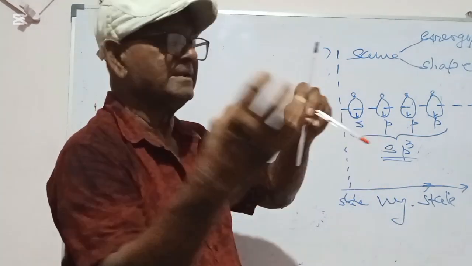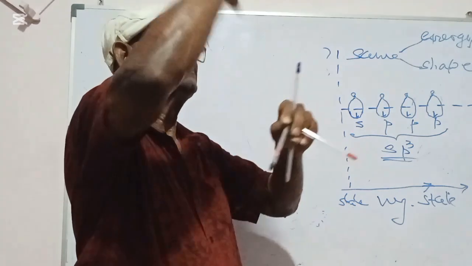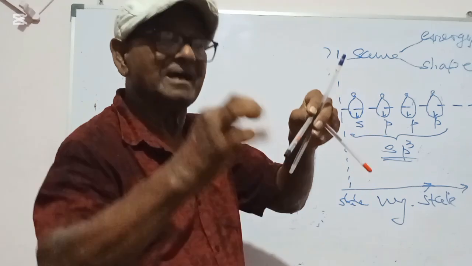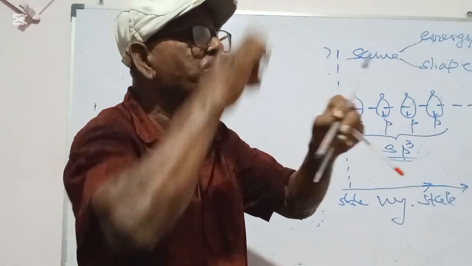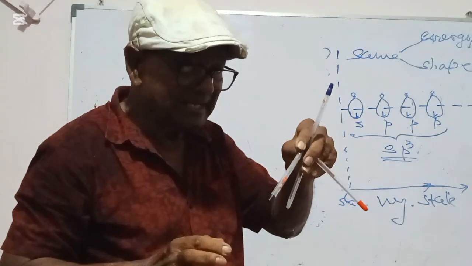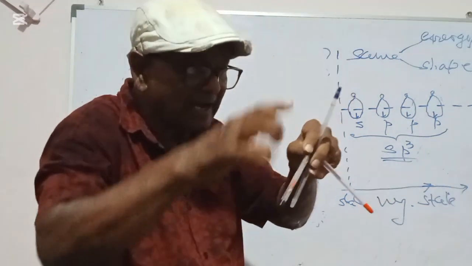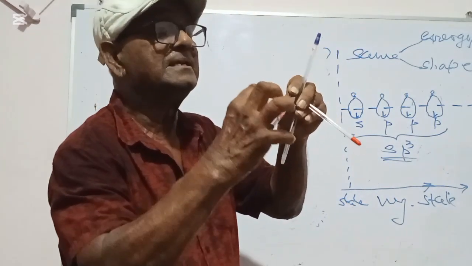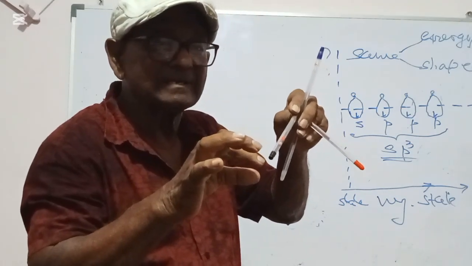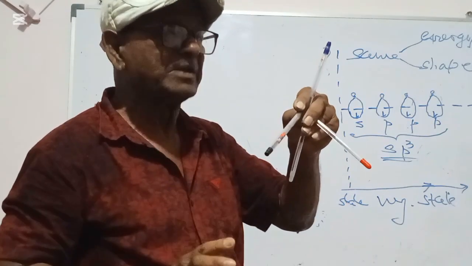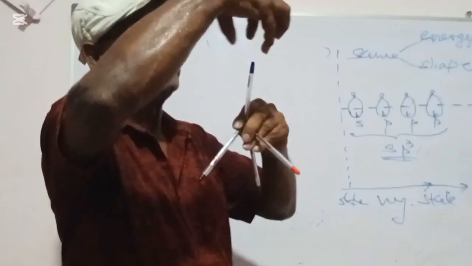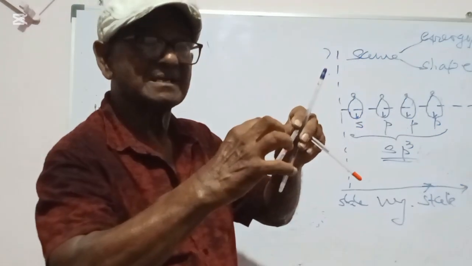Then one by one each joins with these 4 orbitals with an electron, forming 4 covalent bonds. Right? Then how many covalent bonds are formed? 4: 1, 2, 3, 4 with H atoms.